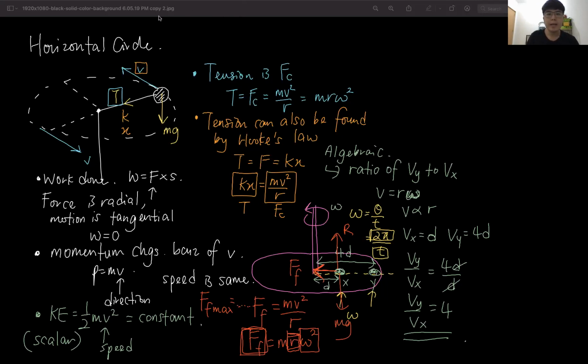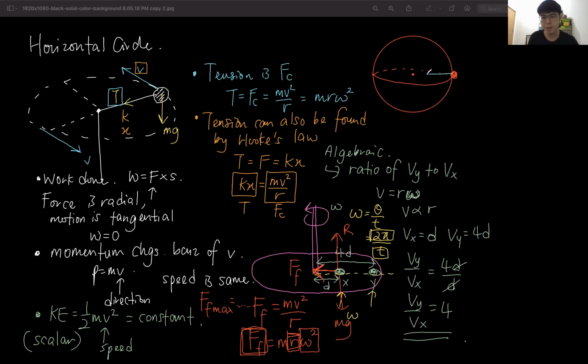What are other examples of horizontal circle? So we have the string one, the friction one, and we have the rotation of the Earth, an object rotating on the surface of the Earth. In this one, only the force component is different.